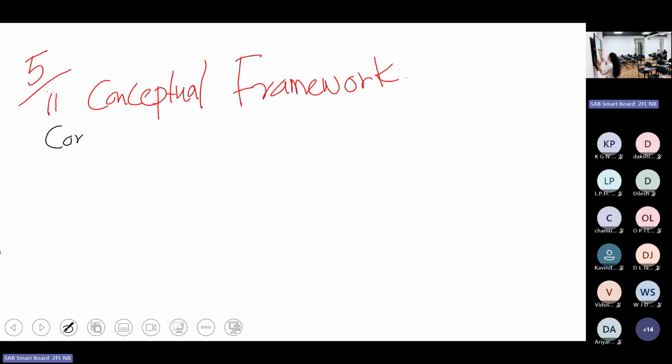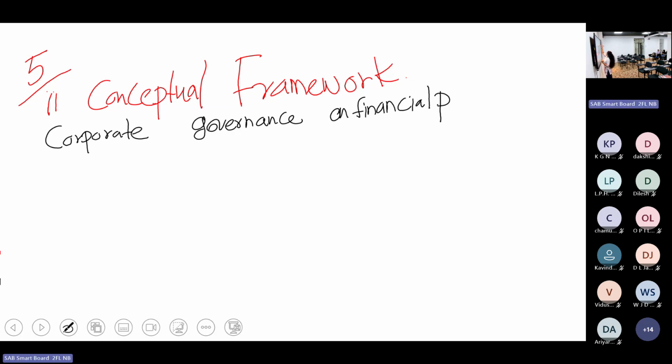Corporate governance on financial performance of CSC companies.